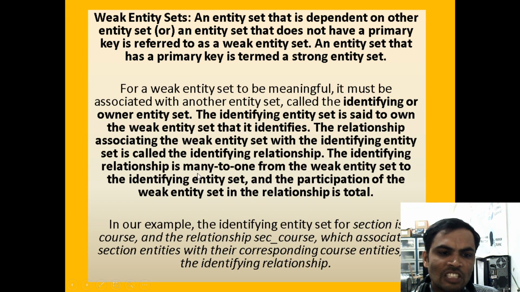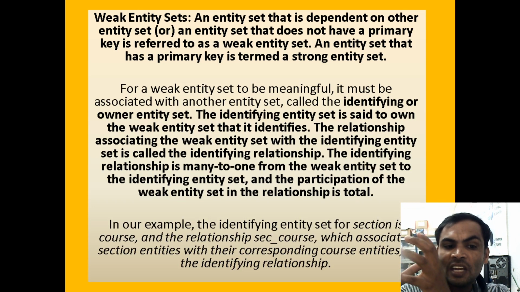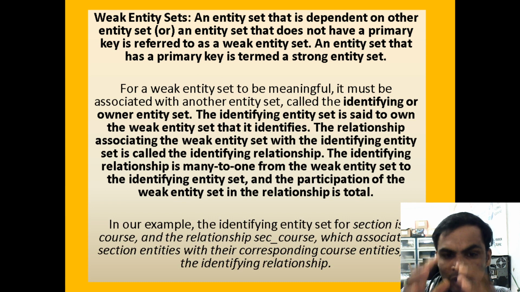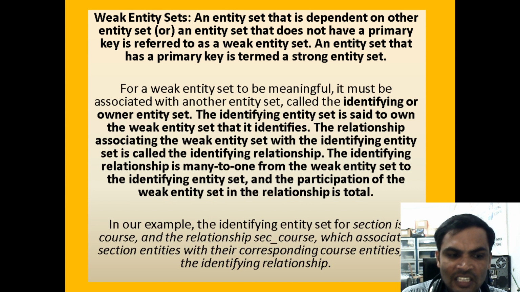So the relationship is many to one from the weak entity set to the identifying entity set. The participation of the weak entity set in the relationship is total, meaning the weak entity set's participants are associated with the identifying entity set.